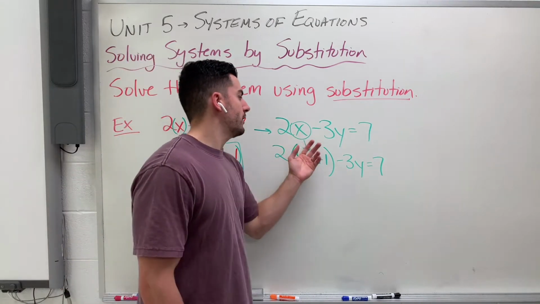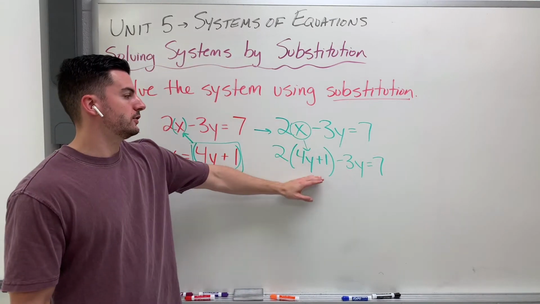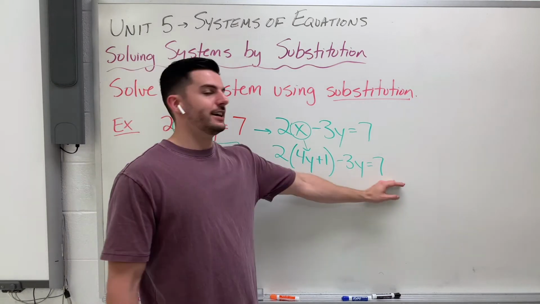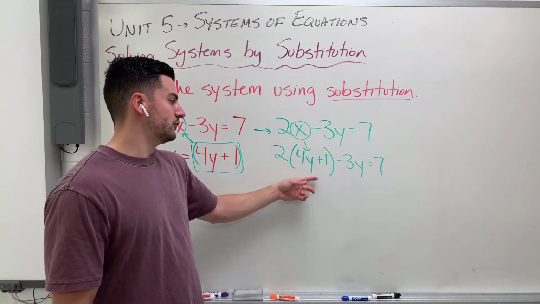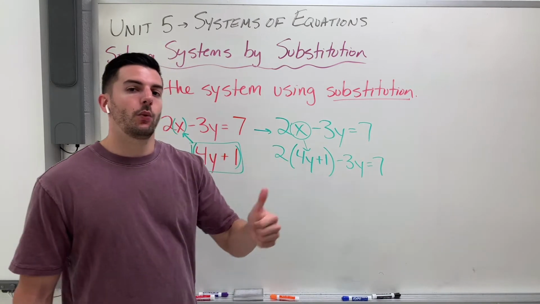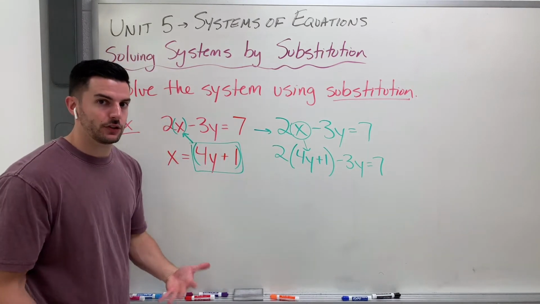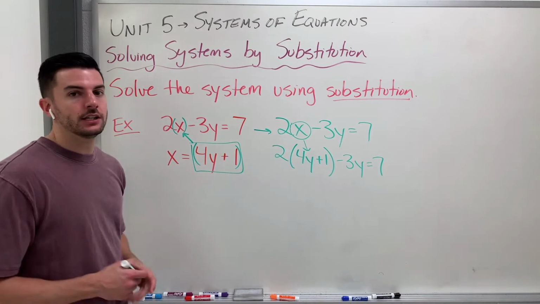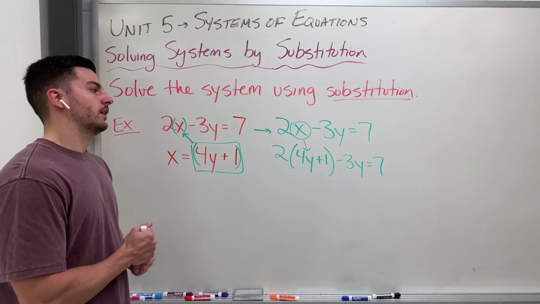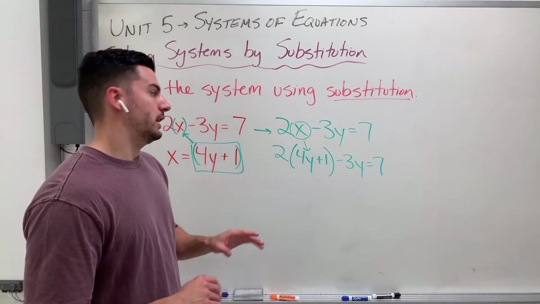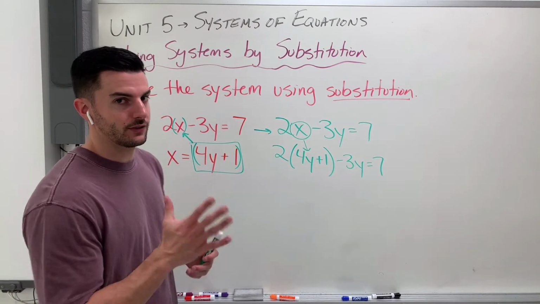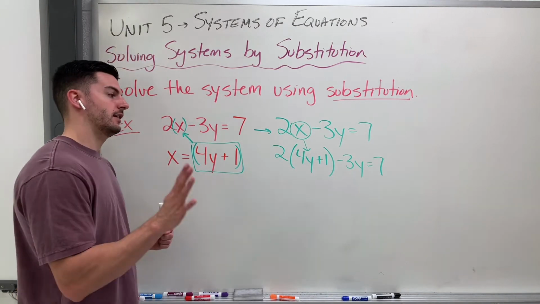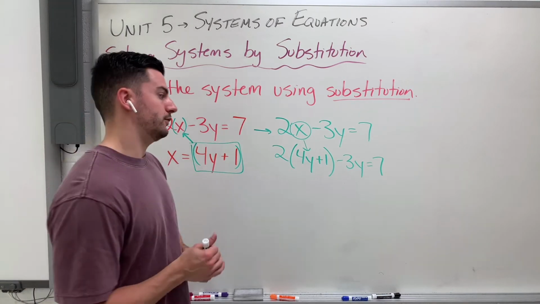But you notice now that I replaced the x here with this group, if you look at this line right here, now there are no more x's in the equation. It's just the letter y. That's what I need to be able to start the process of solving this by hand. So that's key. That substitution, that step one, is key. I'll do it a few more times, so if that's confusing to you how I started that, then don't worry. We'll go through it a few more times.